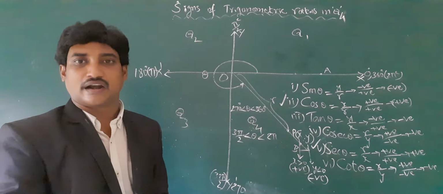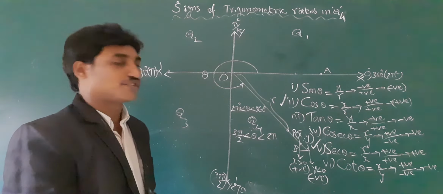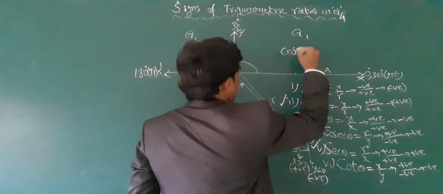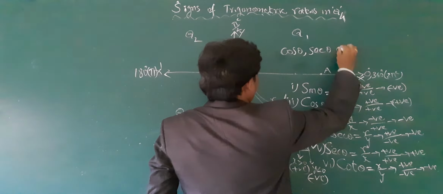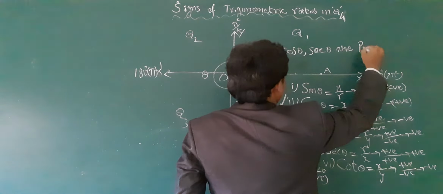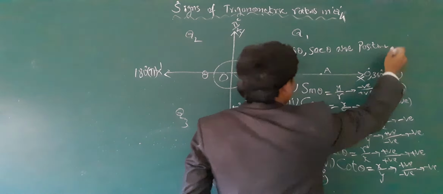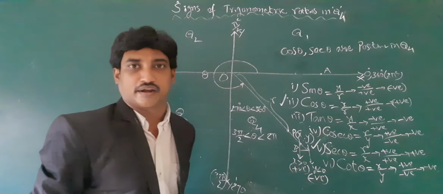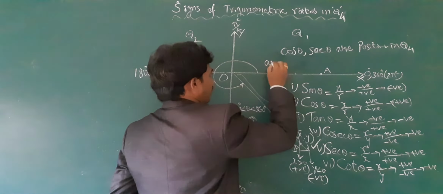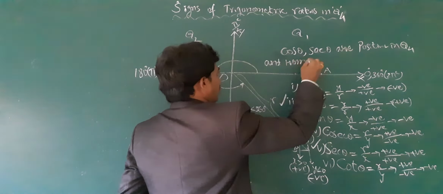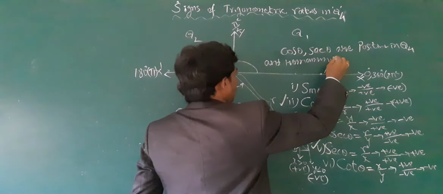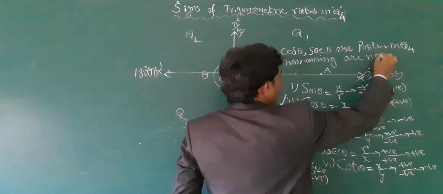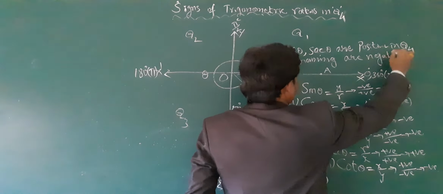Cos theta and secant theta are positive in Q4 and the remaining ratios are negative in the fourth quadrant.